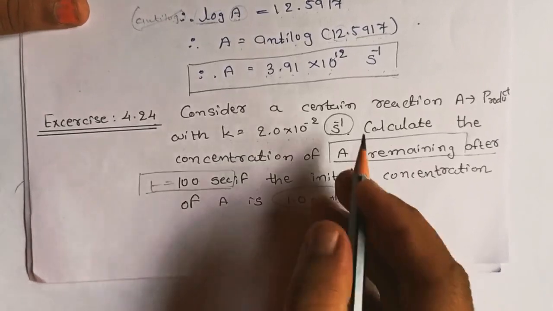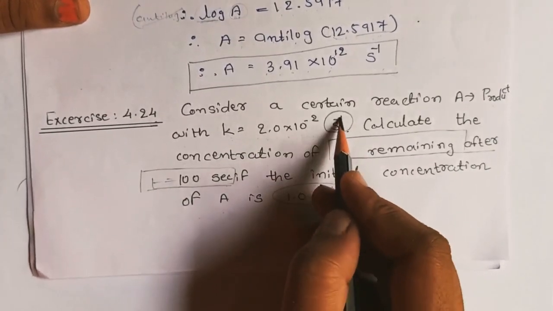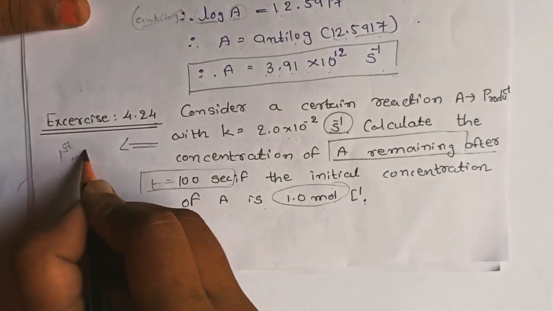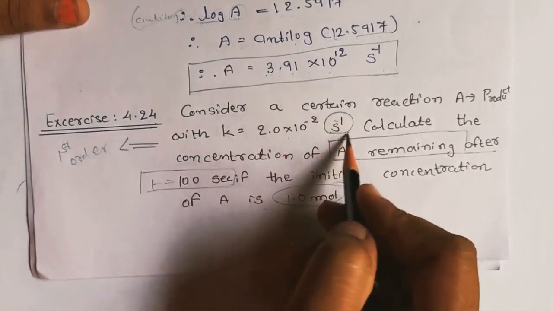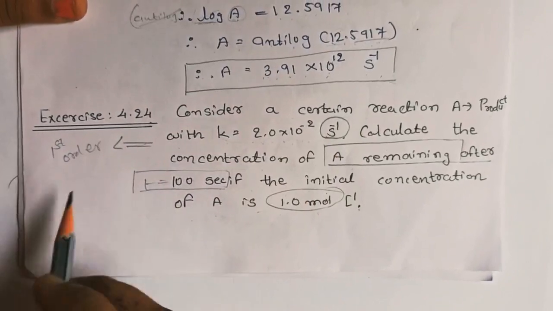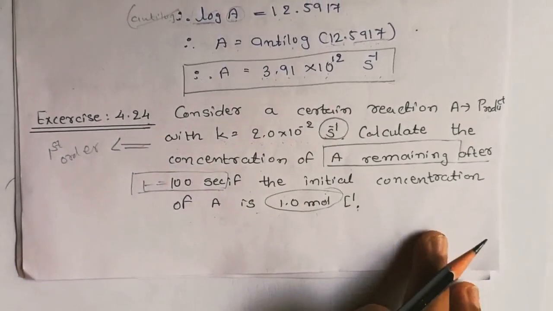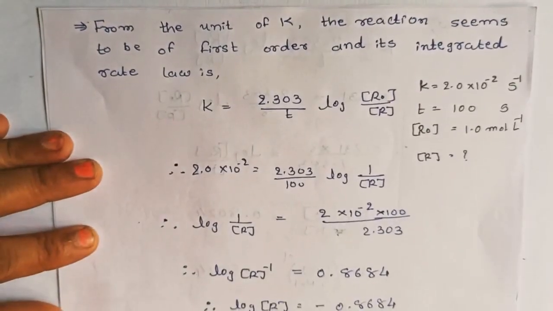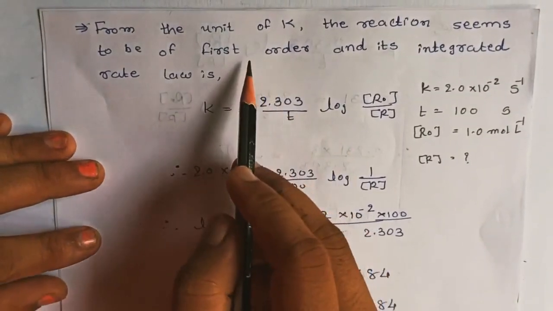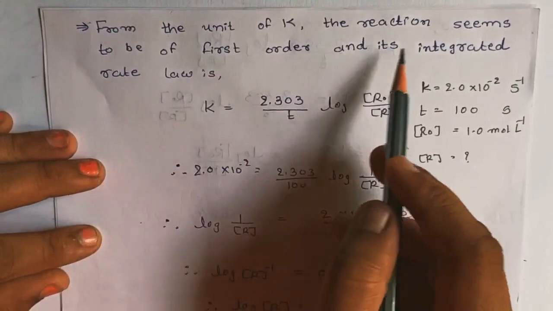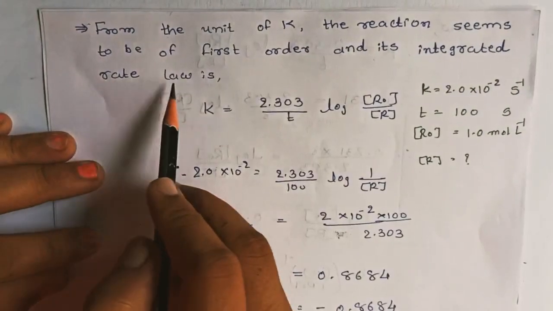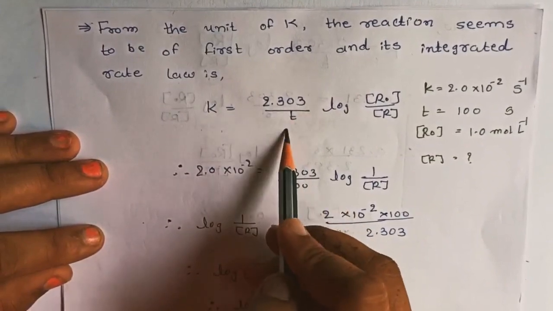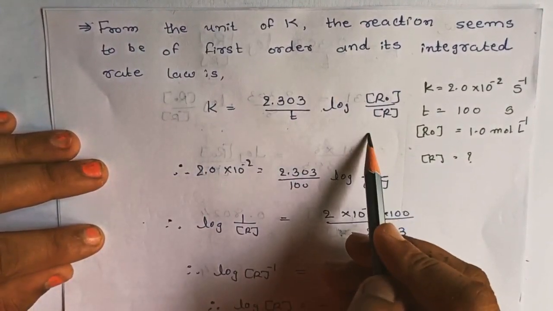The unit of k here is second inverse, so this is a first order reaction. So from the unit of k, the reaction seems to be first order, and its integrated rate law is k equal to 2.303 by t log R naught by R.